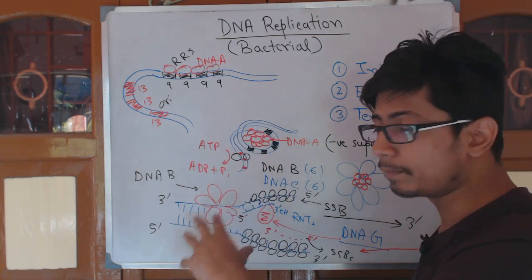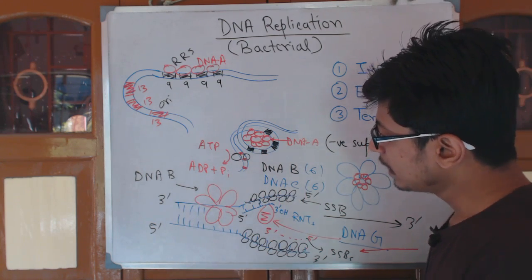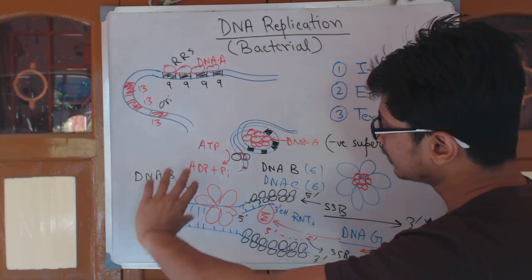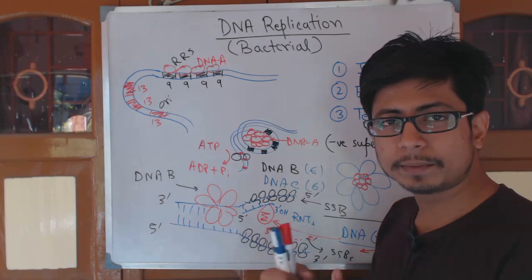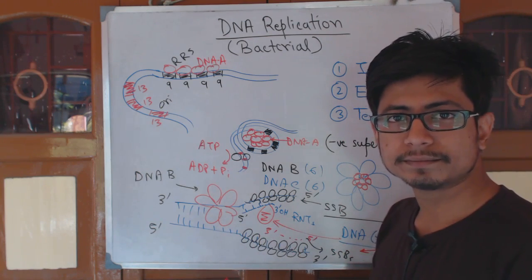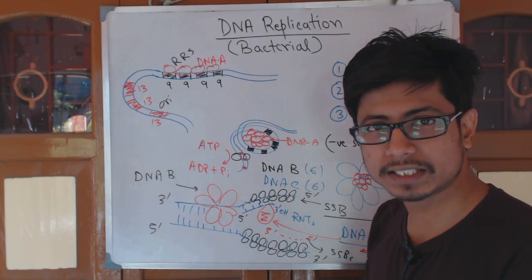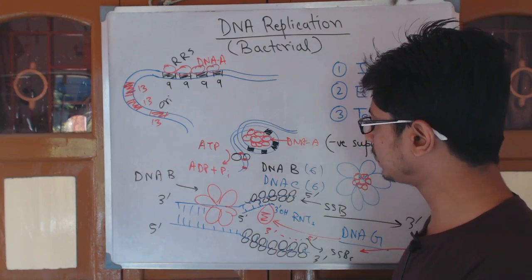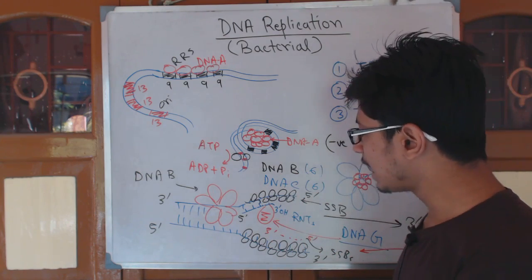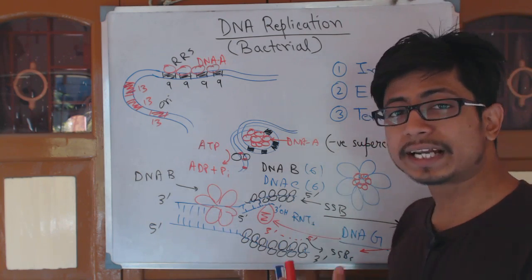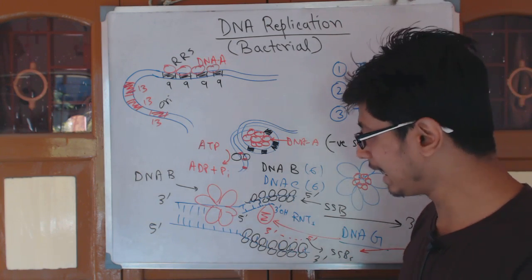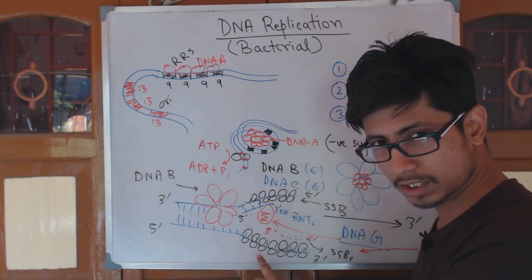So what happens at the end of the initiation phase in DNA replication in bacteria? You will see that the double-stranded DNA is melted by the action of DNA helicase enzymes. In case of E. coli, the name is DnaB, and then single-stranded binding proteins are attached to the single strand of the DNA at the replication fork.